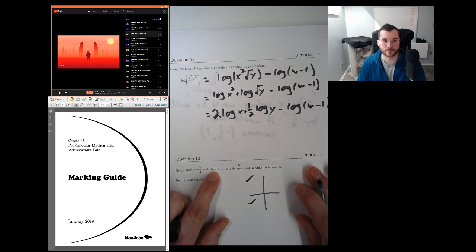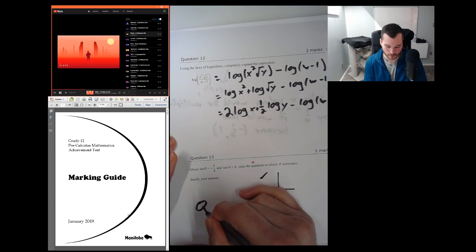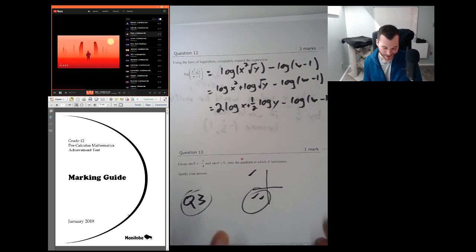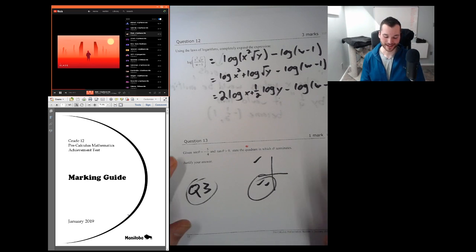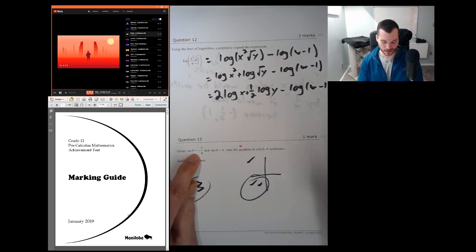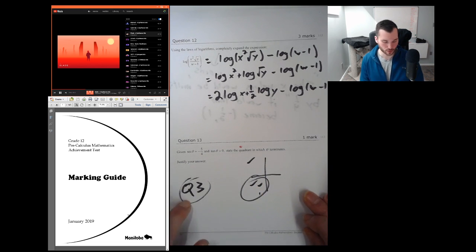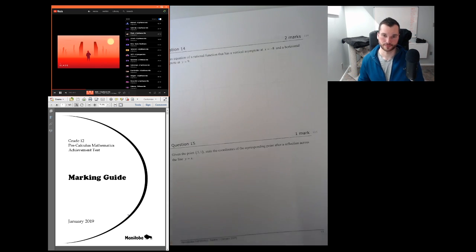Tan is positive, so that means that we're in here. Q3. That's my answer, and check this out. That's my justification. Yeah, I like that one a lot. That's why I like these sign diagrams. That's done. Cos is negative, boom, boom. Tan is positive, boom. Easy. Question's done. Love that.